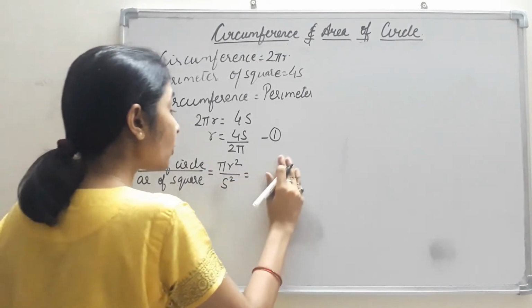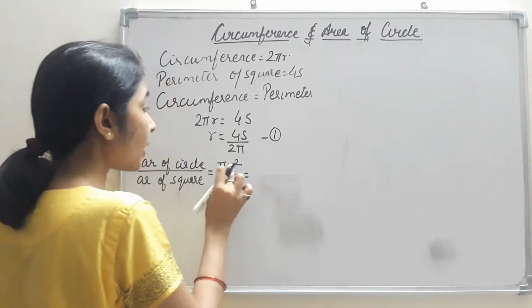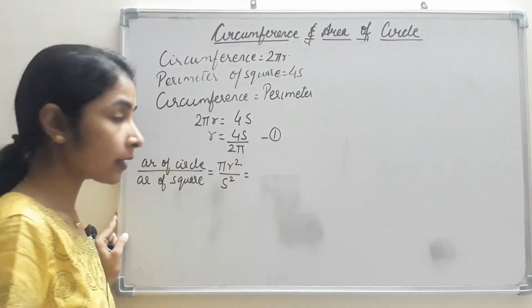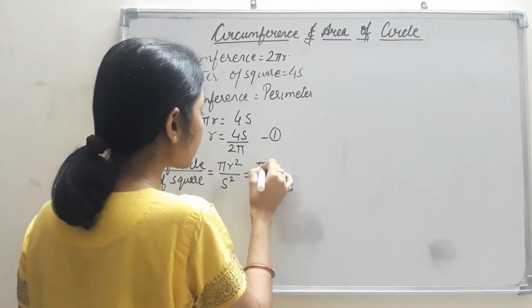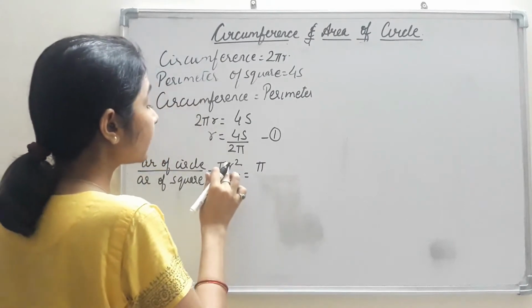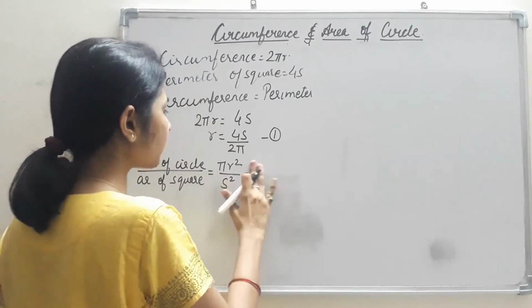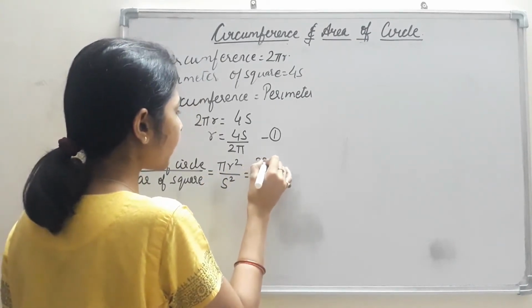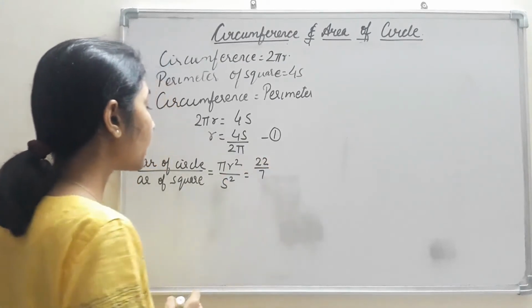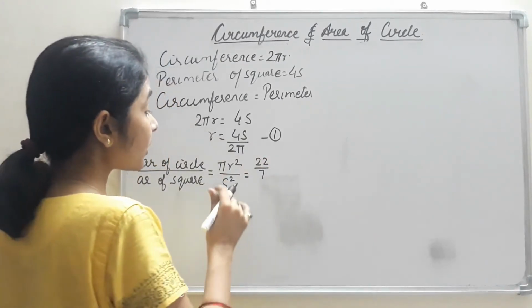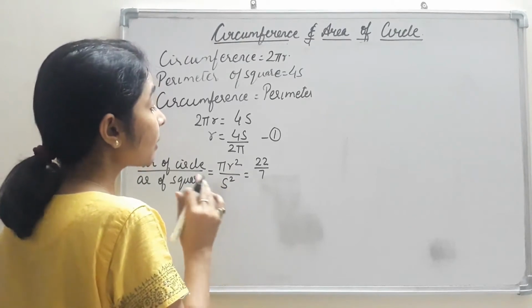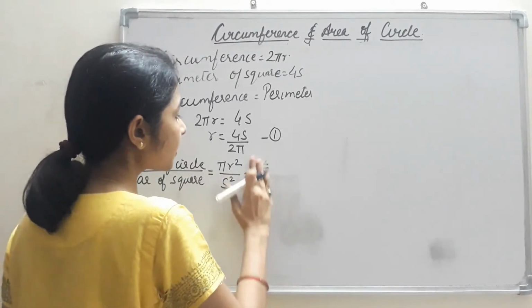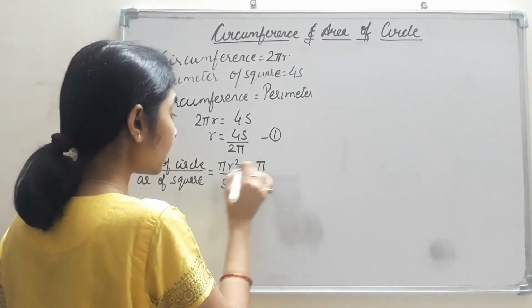Now in place of this r, I will substitute the value of r. Pi will remain as it is, and we can also keep the value of pi, 22 upon 7, and r square.